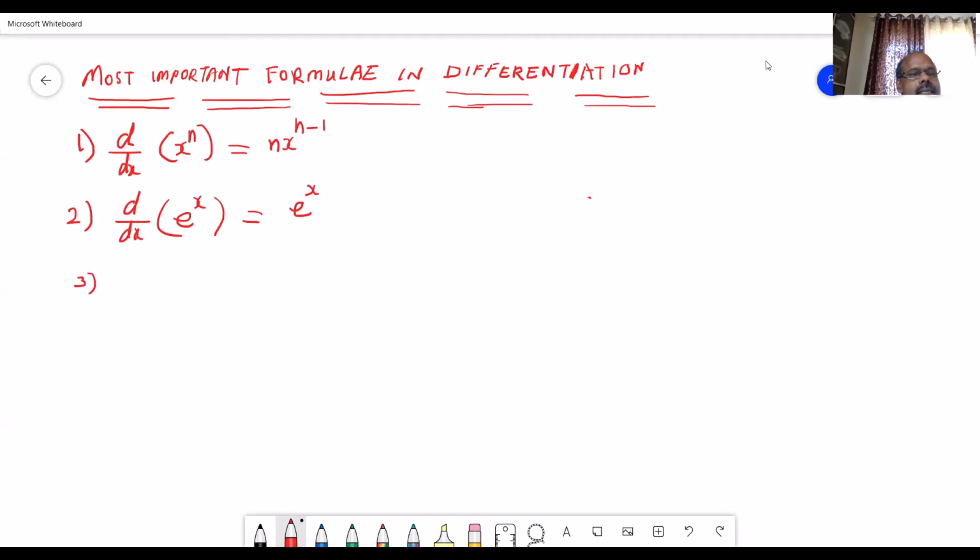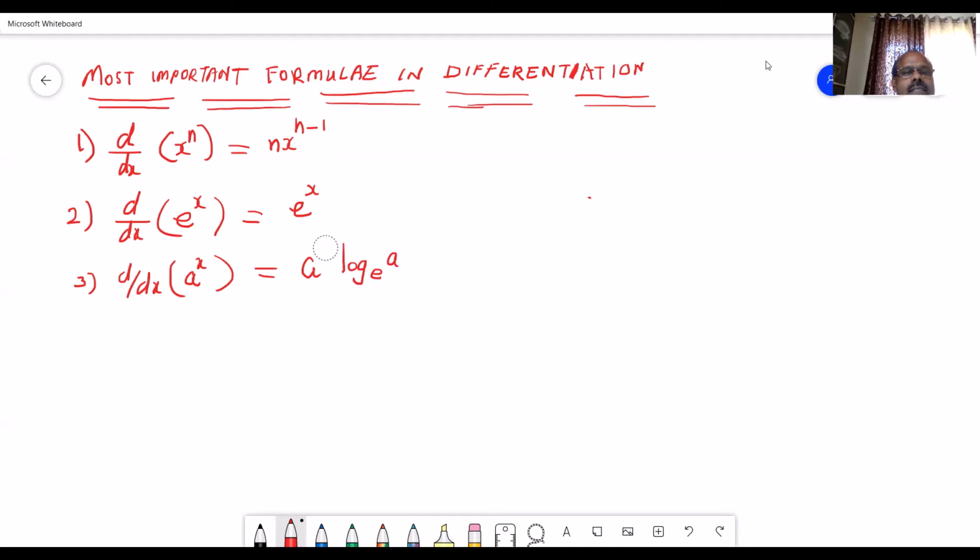Now let us see dy by dx of a raised to x. What is the answer? Can you say, Abhijit Patil? The answer is a raised to x log a to base e.